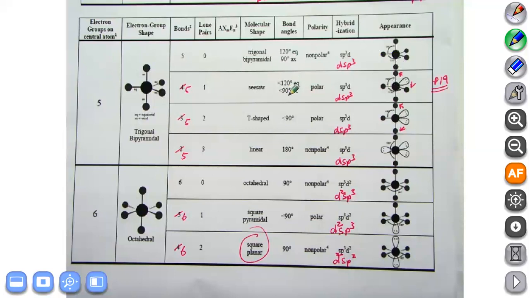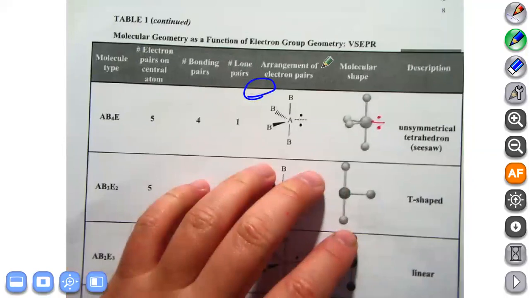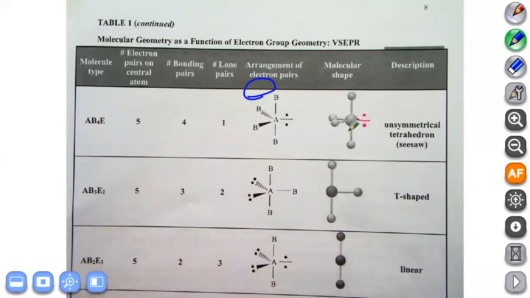Now, this is called the seesaw structure. To see the seesaw structure better, I think page 19 gives you a better view of what that may look like. So let's go to page 19, which is this. Okay, if you go to page 19, this is a seesaw. So here's your equatorial position perpendicular to the axial.